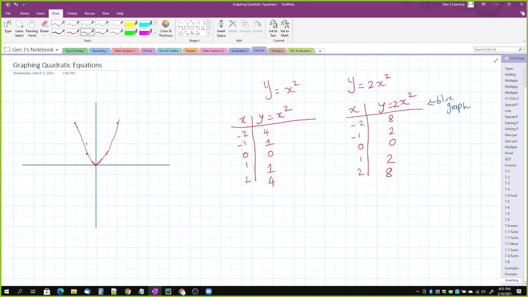So 1, 2, 3, 4, 5, 6, 7, 8. Okay, so we actually go until here. And the same would be the case on this side also. When x is 1, y is 2, and then when x is 2, y will be 8, right?